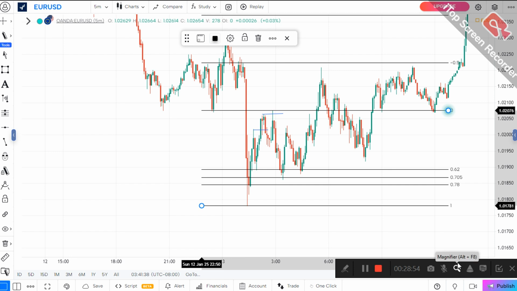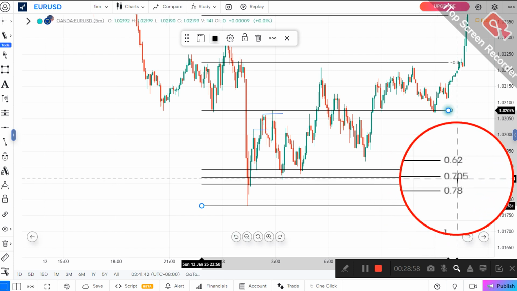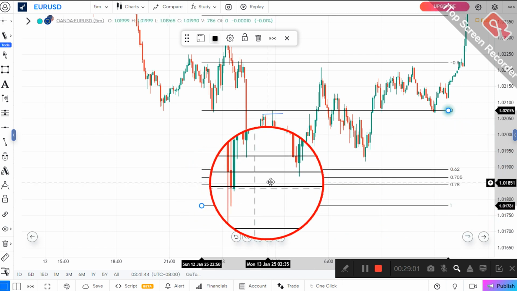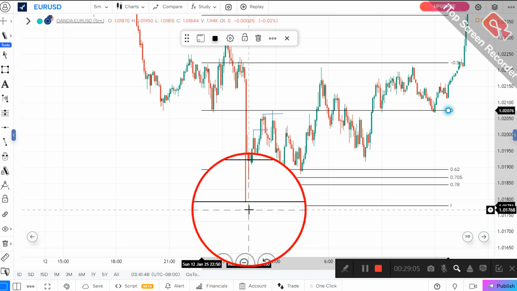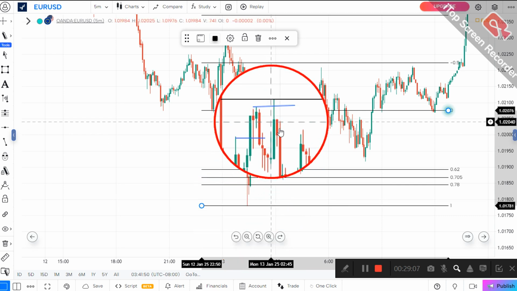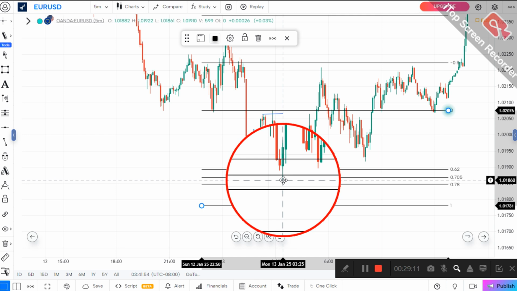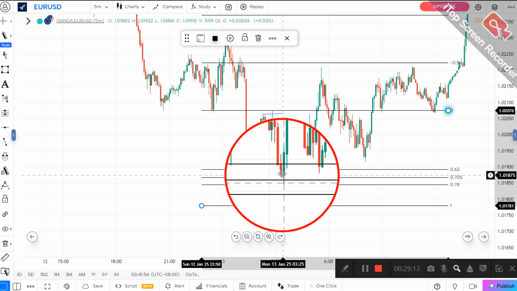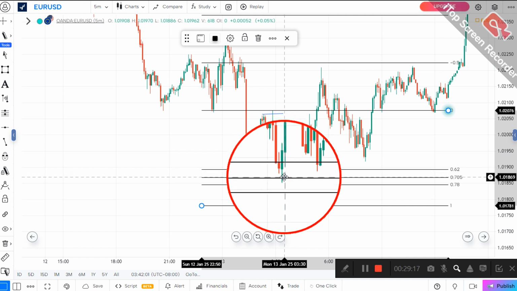Let me just close it from the 0.705, from the same point, from that low to that high, and then the trend goes to that particular point. This rejection will be your entry.